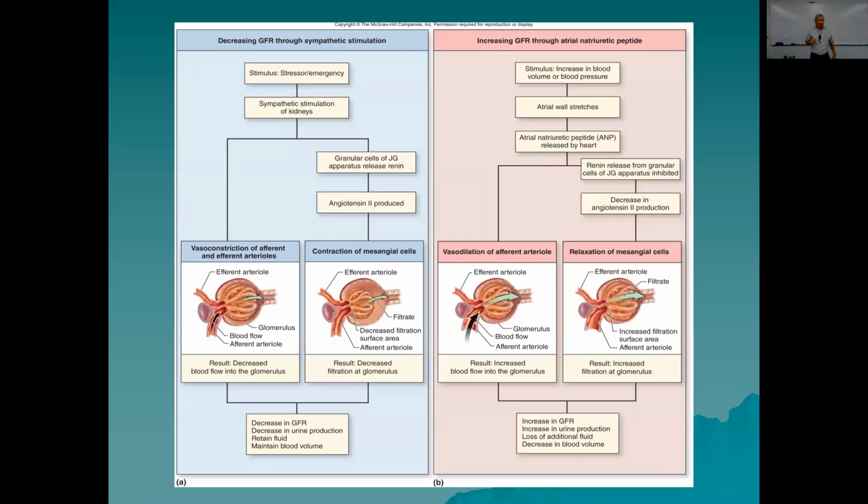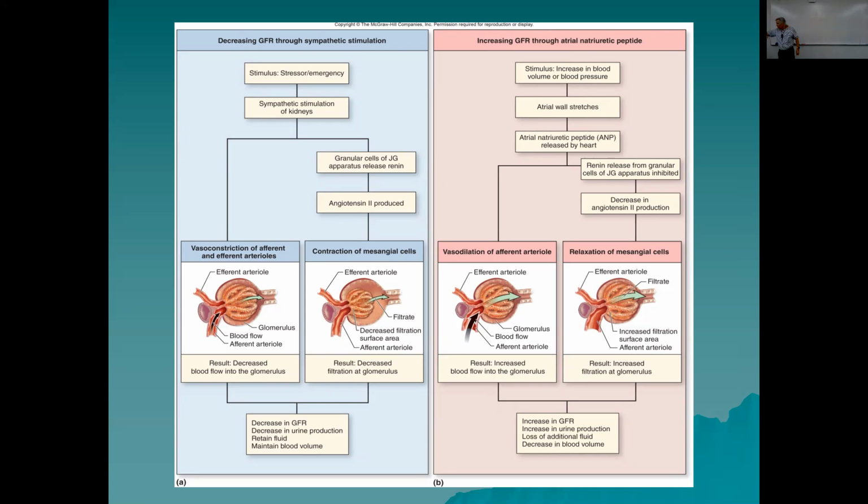Actually, constricting efferent arterioles will raise GFR, but constricting afferent arterioles will decrease GFR. But the effect of constricting the afferent arteriole is much greater than the effect of constricting the efferent arteriole. So GFR is turned down.